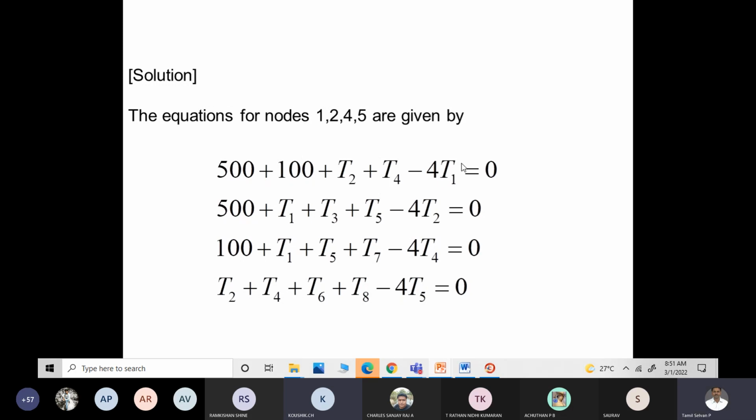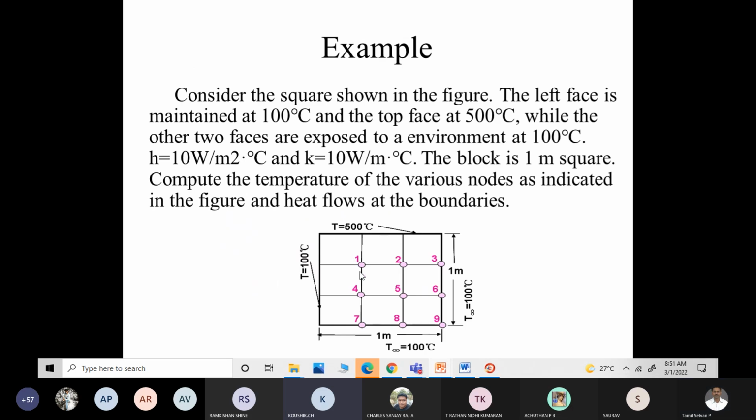All of you are able to understand this? For writing the equation for T1, 500 at the top, assuming it is coming to the center, 500 plus 100 plus T2 plus T4 minus 4T1.